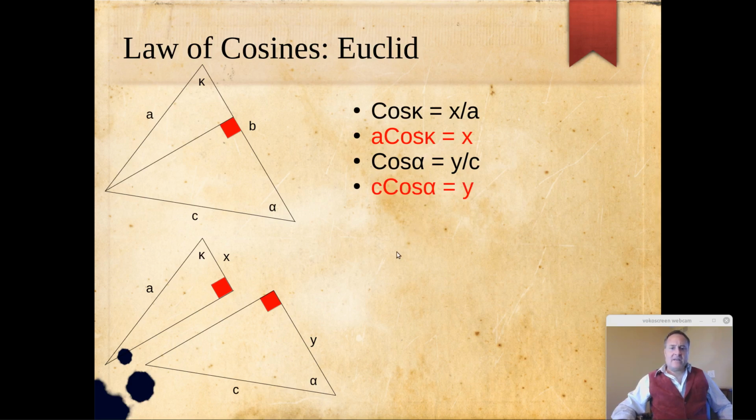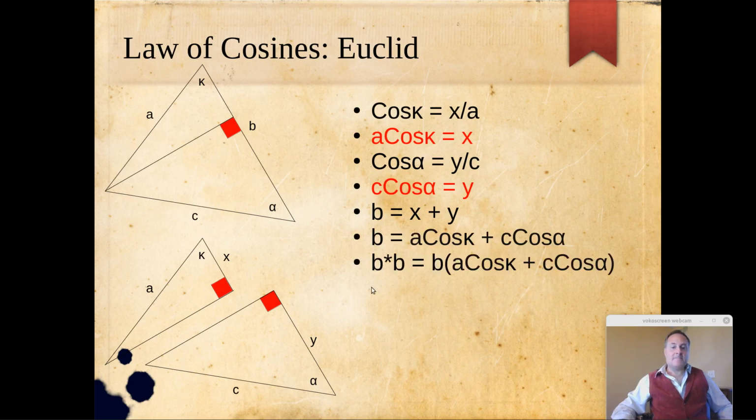And then recognizing that the value of B is X plus Y, we can substitute: b equals a cosine kappa plus c cosine alpha. And again, I'm going to multiply both sides by b. I shouldn't say square both sides. I take it back.